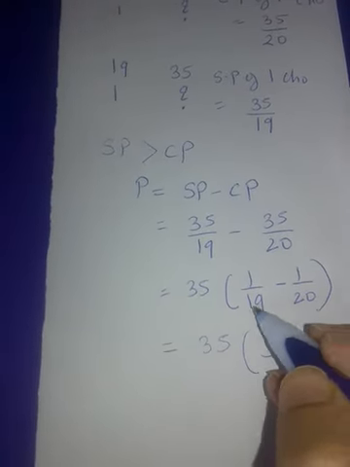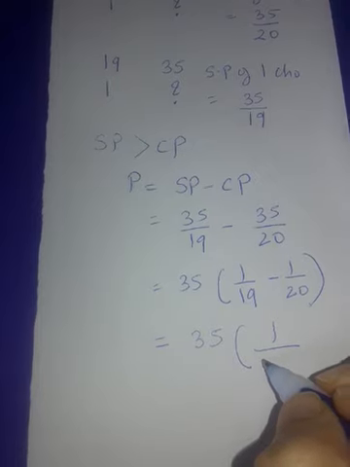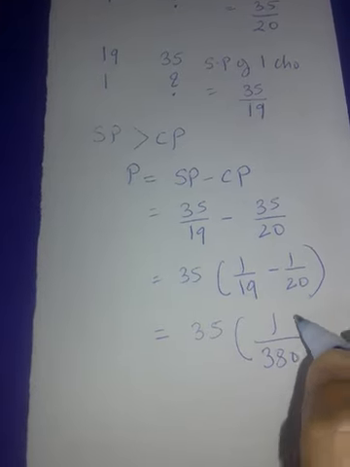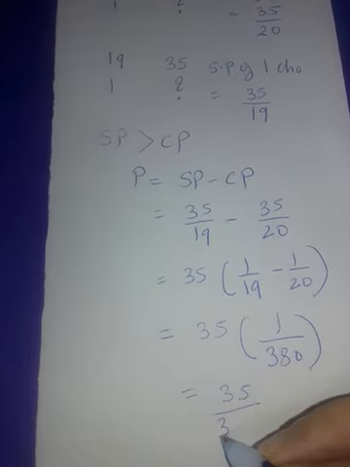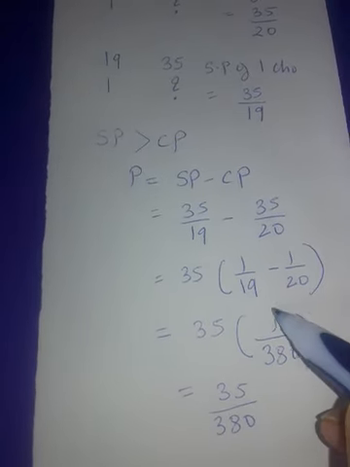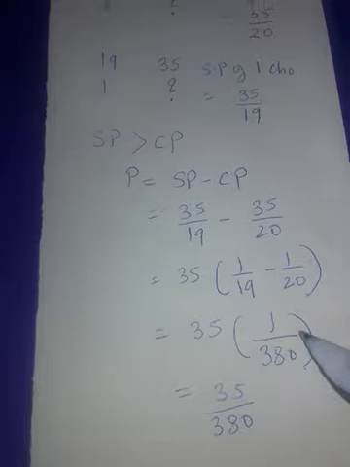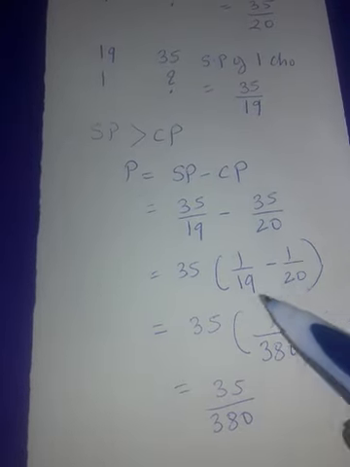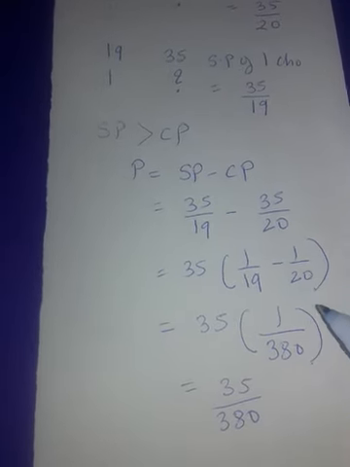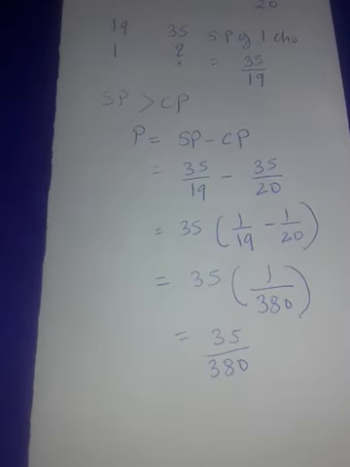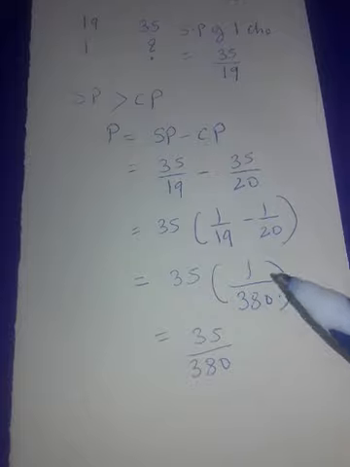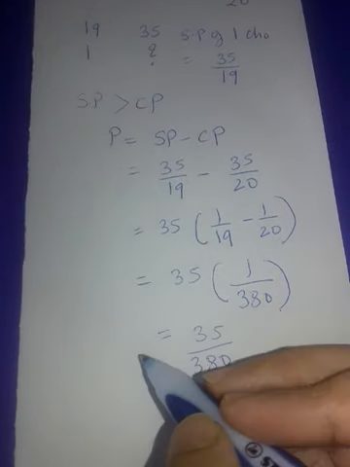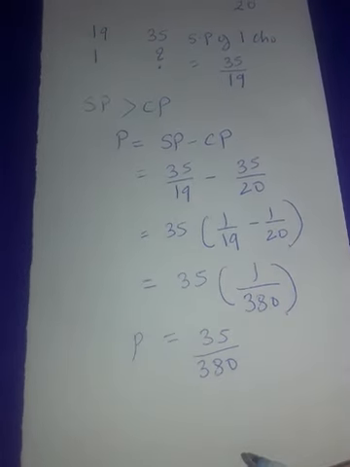So 1 upon their product, 19 twos are 38. So your answer is 35 upon 380. I hope you know how I got this. If you are not able to add and subtract fractions, please watch the earlier videos on addition and subtraction of fractions, and please practice. You need it often. So now we have the profit, 35 upon 380.